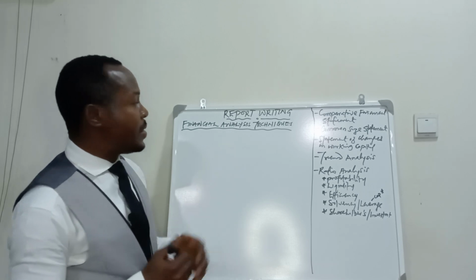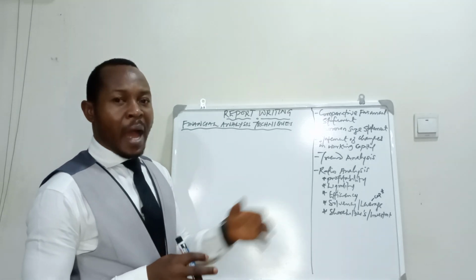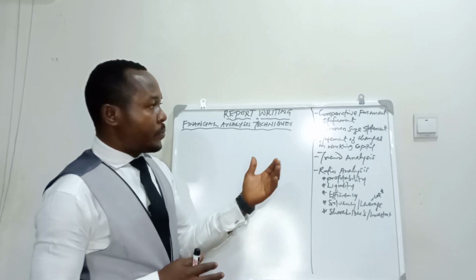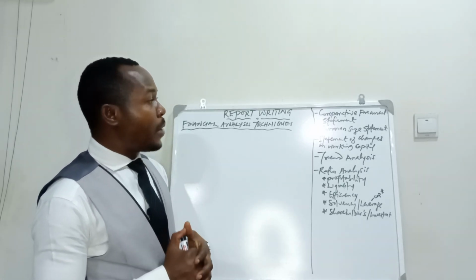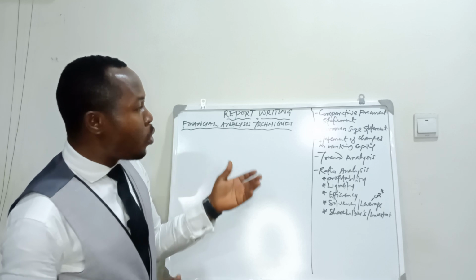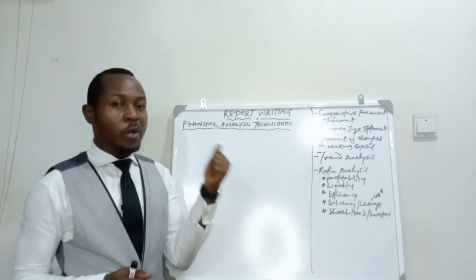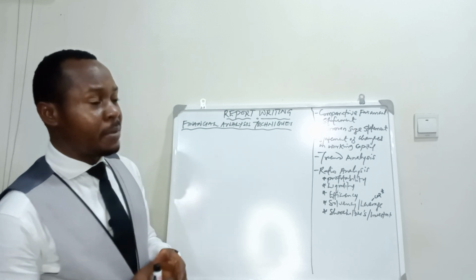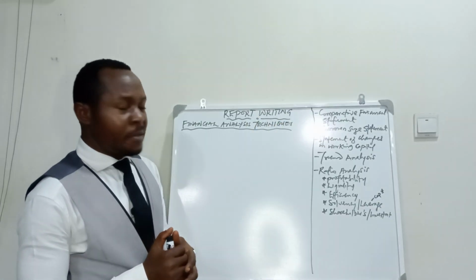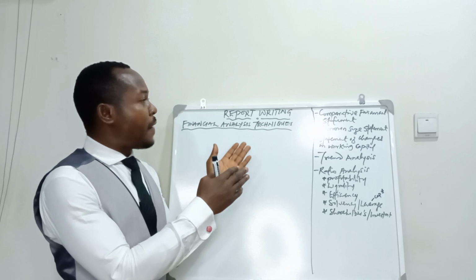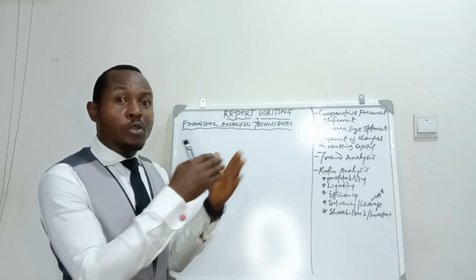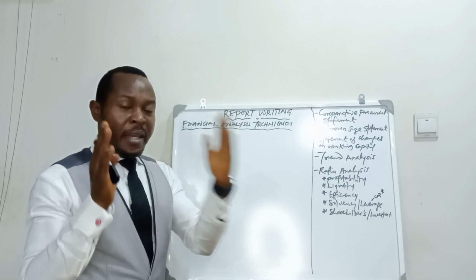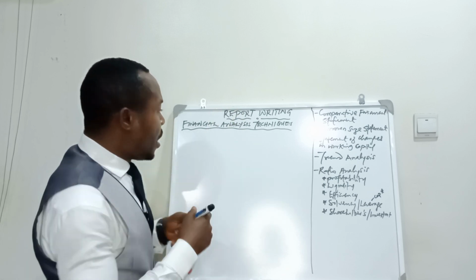So, financial analysis techniques. We have listed some on the left hand side of my board here, and I'm starting with comparative financial statements. That's one of the tools you can use to analyze your financial statement. With a comparative financial statement, you place the years by each other.